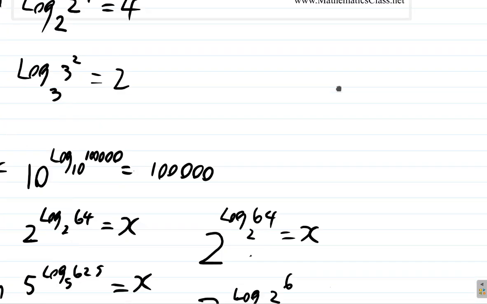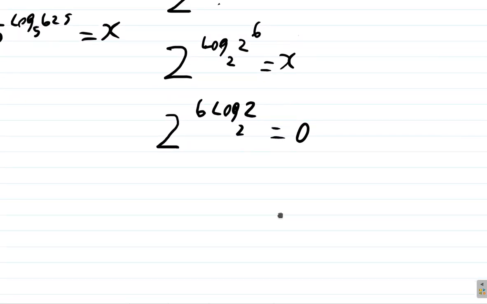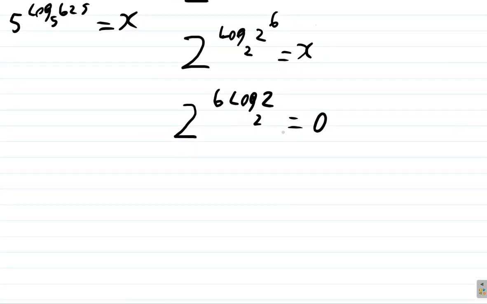But then, the log of 2, where the base is 2, is equal to 1. If you change it to index form, you're going to see. So it's 2 raised to the power of 6 is equal to x.